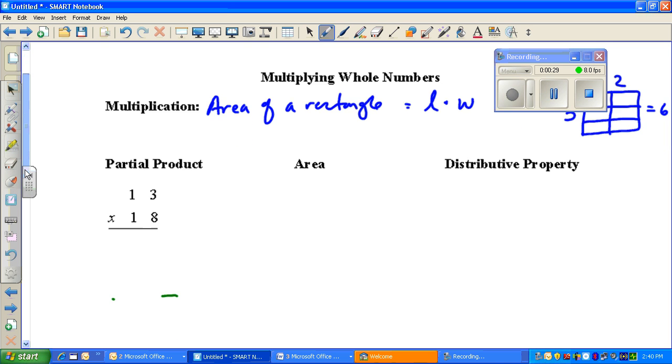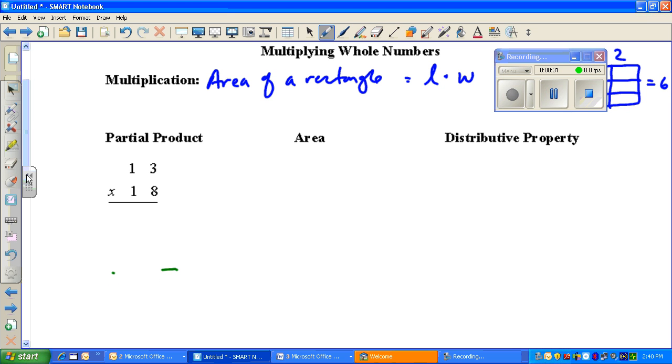We can multiply not just single digits, but multi-digits, and we're going to do it using the left to right partial product, and instead of partial sums and differences, we're now using a product. If you look at the position, this 1 is not a 1, it's actually a 10, because my number is 18. And likewise, this 1 in 13 is also a 10.